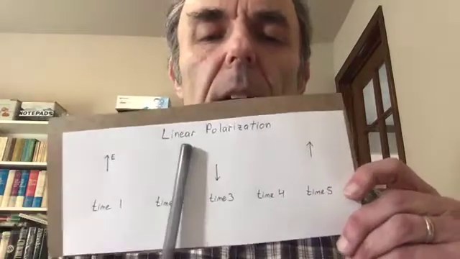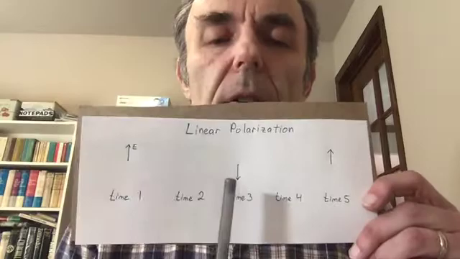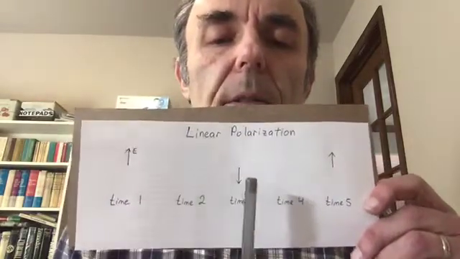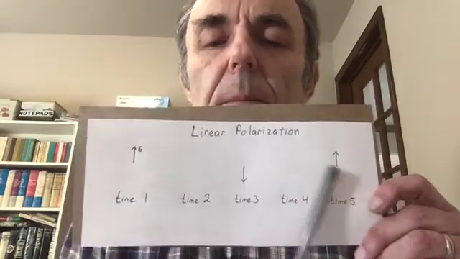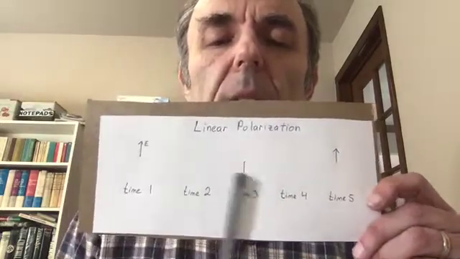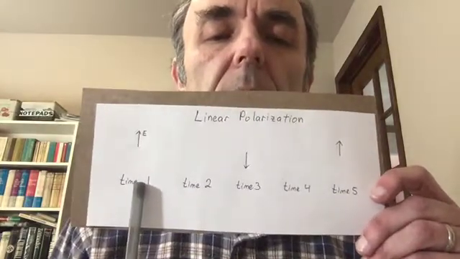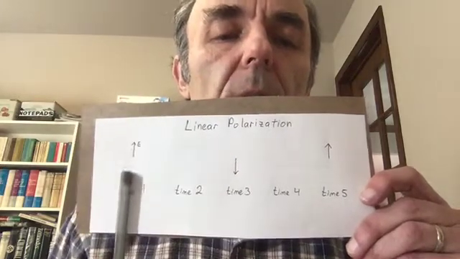Let me talk about a couple other things before we finish this chapter, a couple other interesting features of polarization. Here you have linear polarization. Now, I want to look at this a slightly different way. First of all, light's coming straight at you, so it's propagating towards you, and we're looking at the electric field in the case of linear polarization. And instead of looking at different positions in space, I want to look at different instances in time at one position. So here we sit, and the light's coming straight at you, and at one time, the electric field's going up.